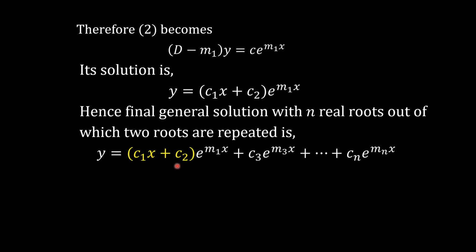This is the term corresponding to the repeated roots, and we have considered the remaining roots as real and distinct. So from case 1 we can write the general solution related to those roots as c3 e raised to m3x plus and so on plus cn e raised to mnx. So this is the case when roots are repeated twice. Now let us consider the next case.